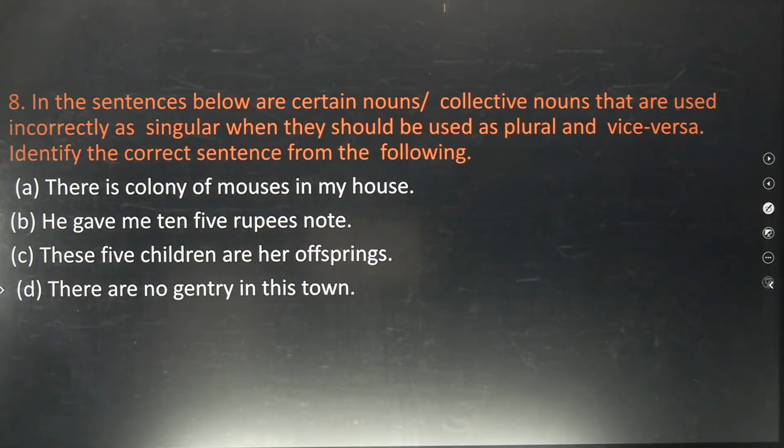We have to identify that. There is colony of mouses in my house. He gave me 10 5 rupees note. These 5 children are her offsprings. There are no gentry in this town.